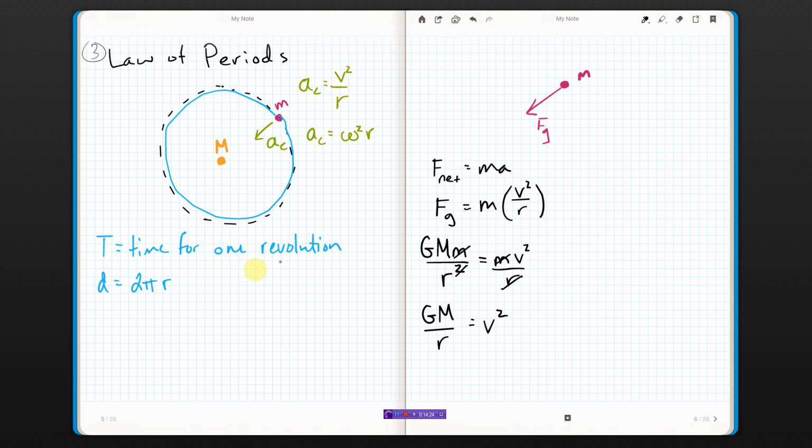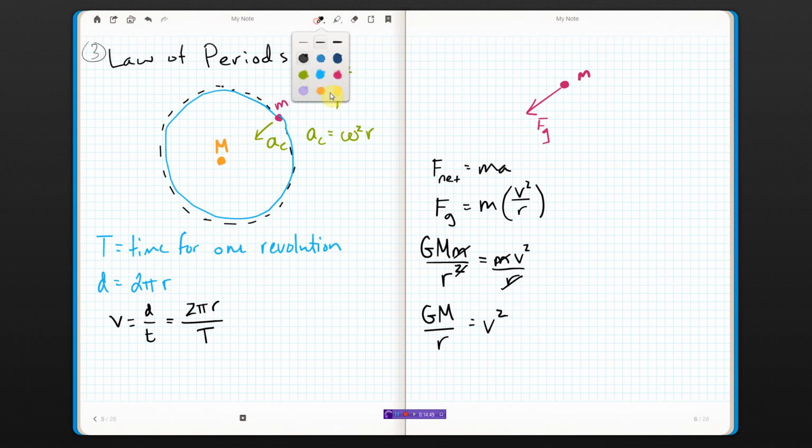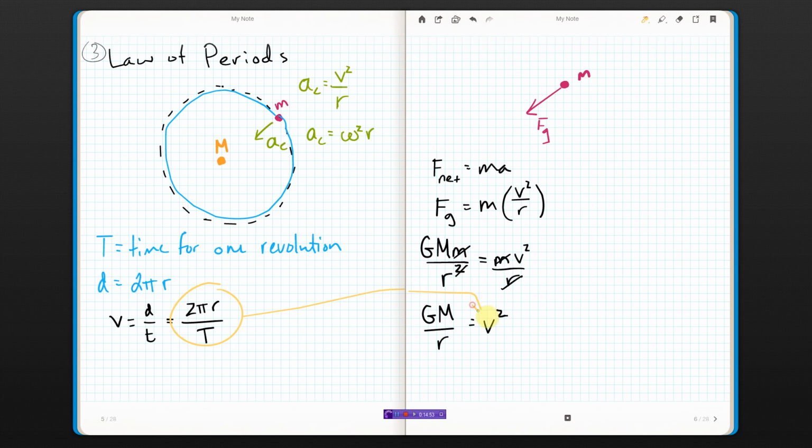But velocity, for any constant velocity, is distance over time. For going around the circle, I know the distance for an entire circle is 2 pi r, and the time for an entire circle is the period, or capital T. So I can put this in here.